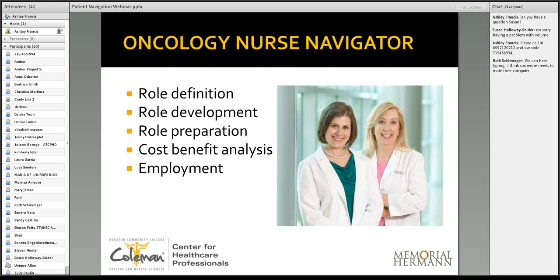Another thing that is playing into the development of nurse navigators is that hospitals and healthcare systems that maintain accredited cancer programs are required to have a navigation component. And that is an accreditation requirement by the American College of Surgeons Commission on Cancer.